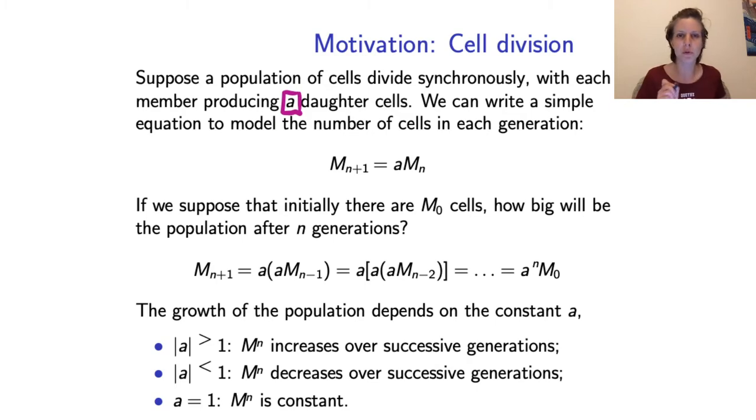So if we suppose that initially there were M0 cells, how big will the population be after n generations?